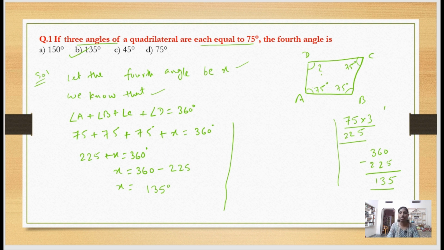You will get 225. Then subtract 225 from 360. Then you will get 135 degree. Okay. Suppose it is given in MCQ, then you have to use this way. Suppose it is given in 2 marker, then you have to use this way. Clear? I hope you have understood it very well. Now let's move to the next question.